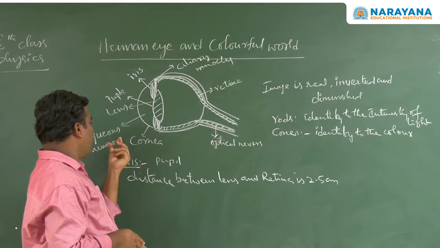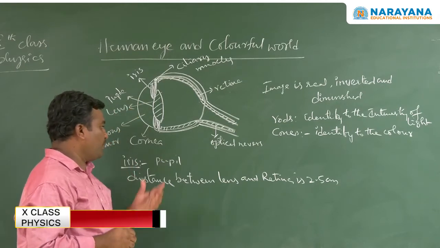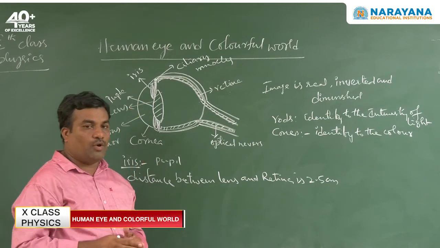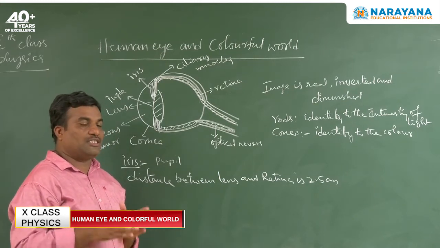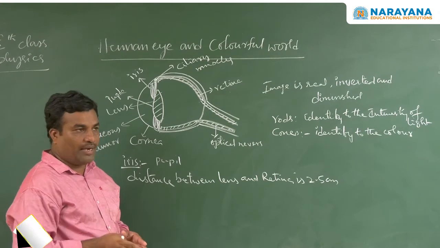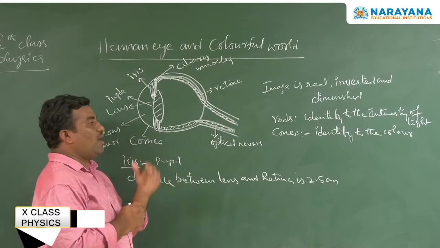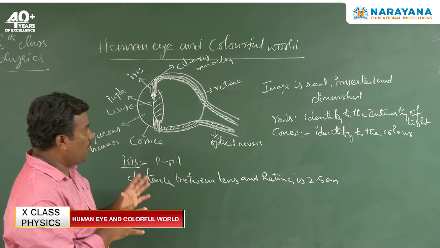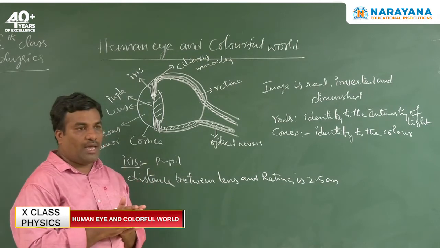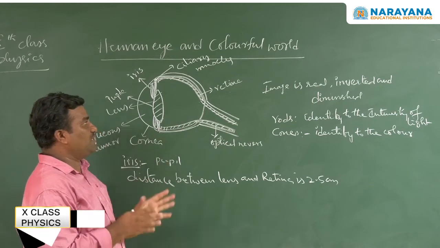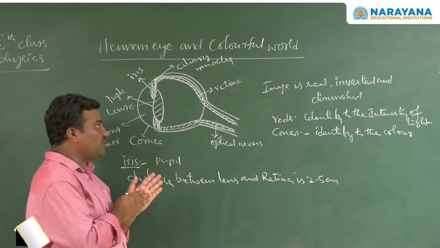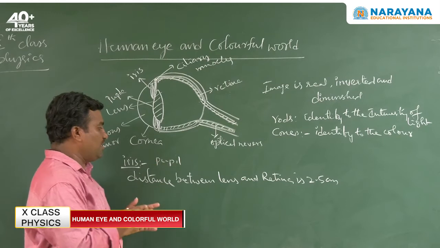We also have the aqueous humor and the cornea. The cornea is the main protective membrane of the eyeball. It is spherical and curved in shape, and protects the whole eye. These are the structure and basic components of the human eye. Remember this and the uses of all the components.